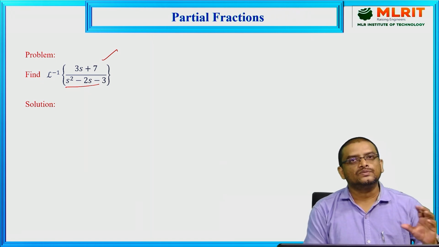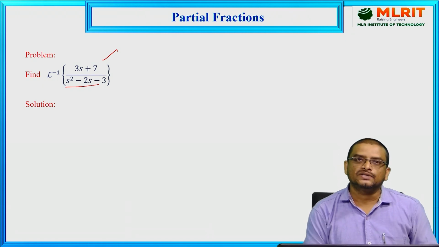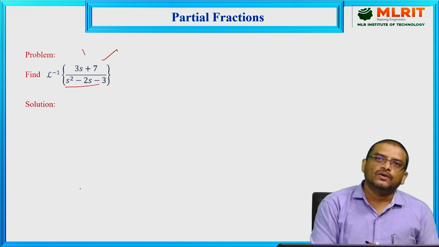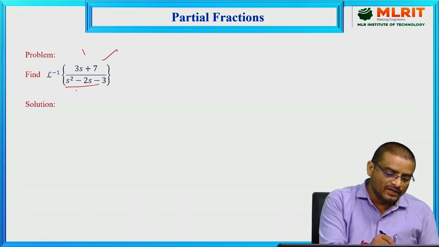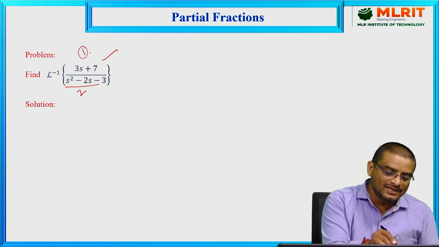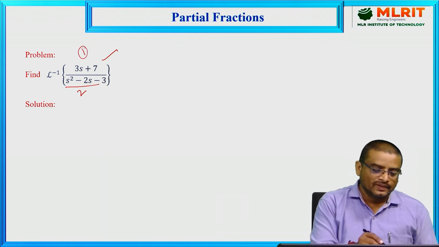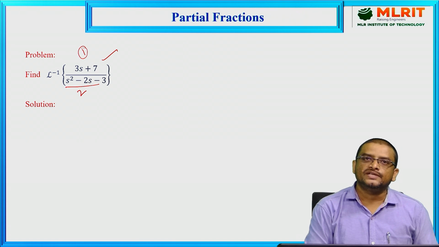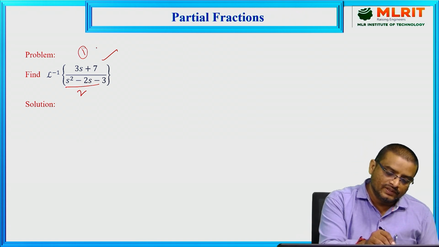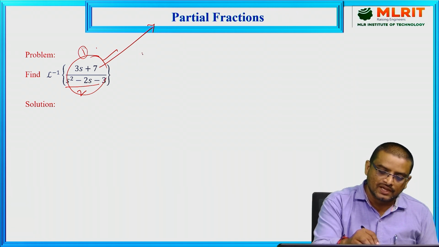If it is possible to split into linear factors, then we can go for partial fractions, because the numerator has degree 1 and the denominator has degree 2. So the numerator degree is less than the denominator degree. So the partial fraction condition is satisfied for this function, and this partial fraction concept is applicable.